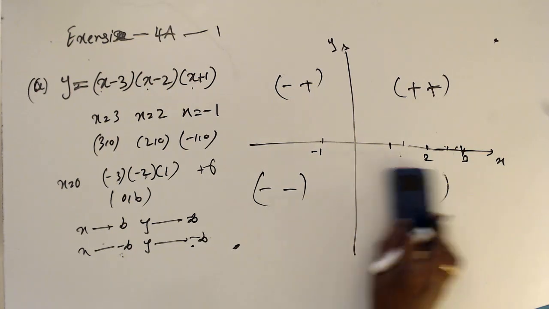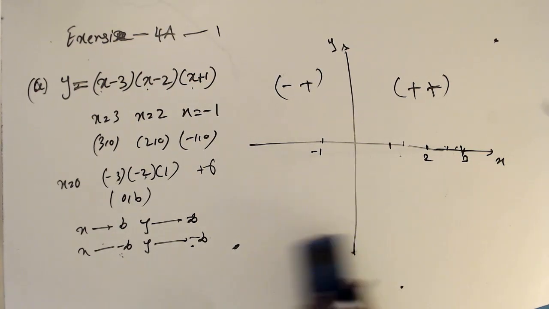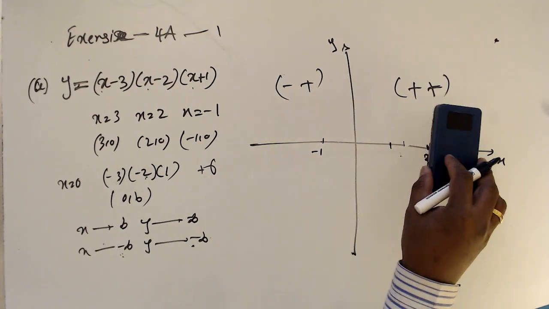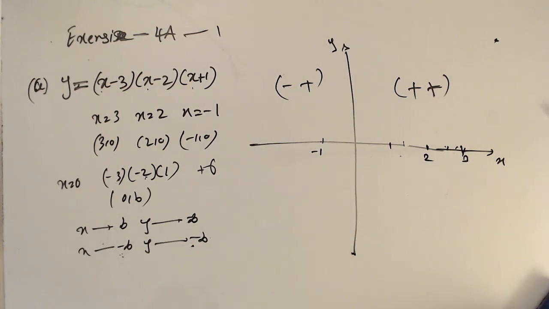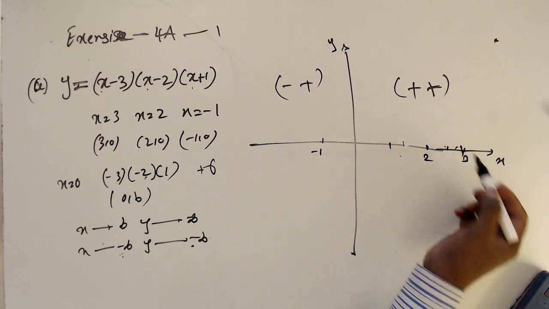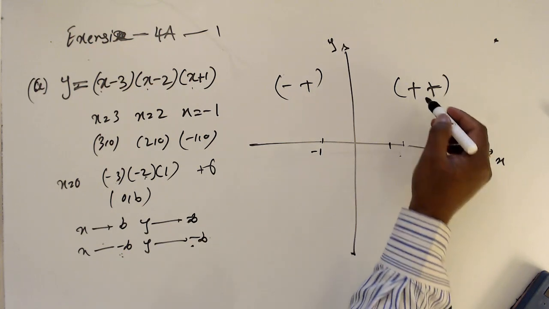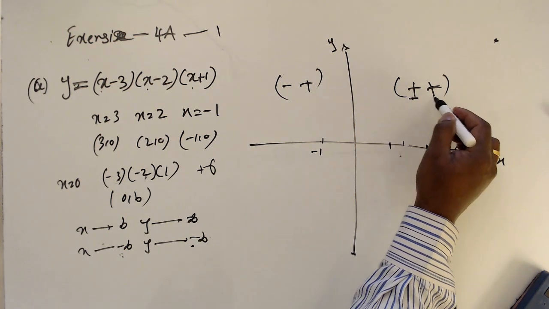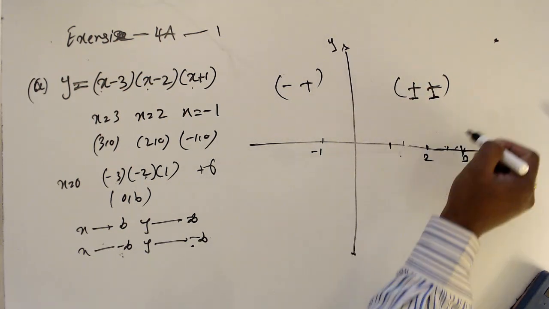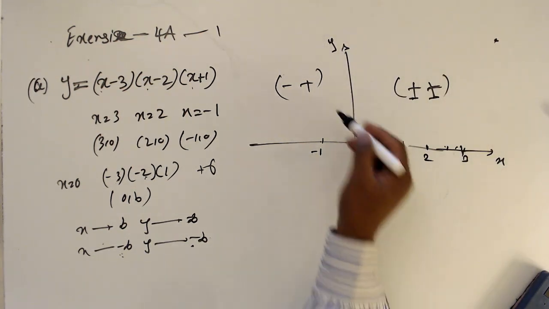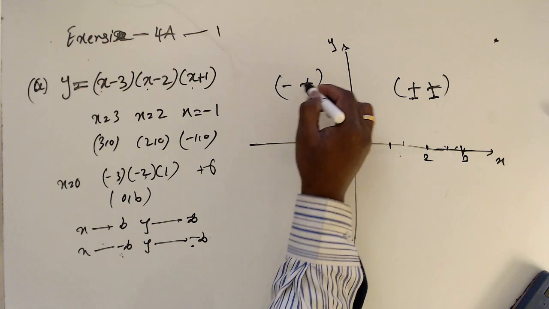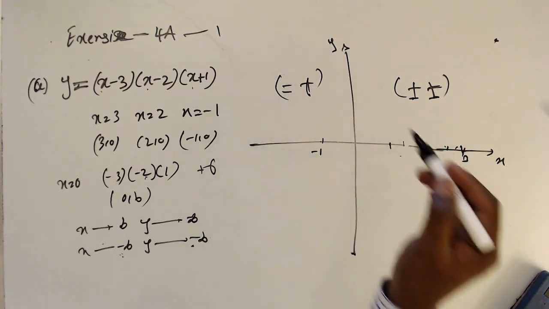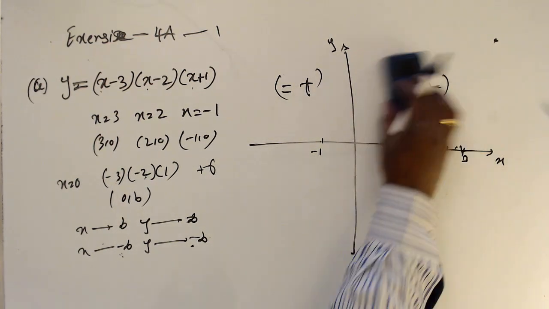I hope you could understand what I said: if you pick up a point in the first quadrant, all x values are positive and y values are positive. In the second quadrant, x value is negative and y value positive, and likewise.